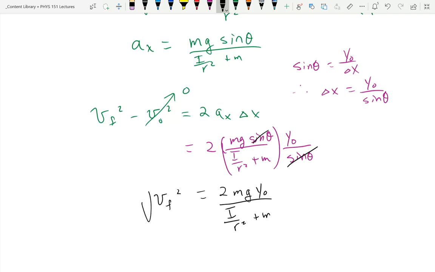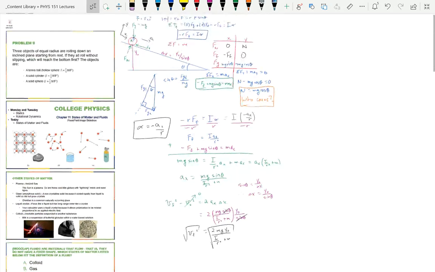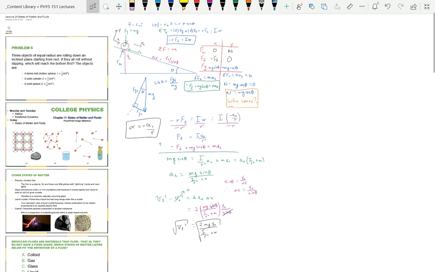Square root both sides, and that's what we found yesterday. So we could have done it this way, but which way was more work? This way. That's why we did it the other way. So you can see, if you have choices, why it's usually easier to choose the work energy.